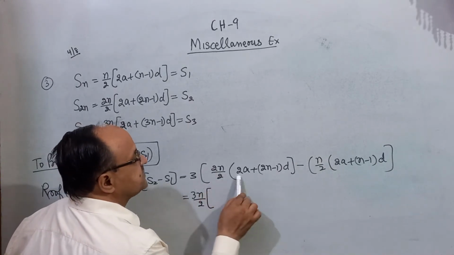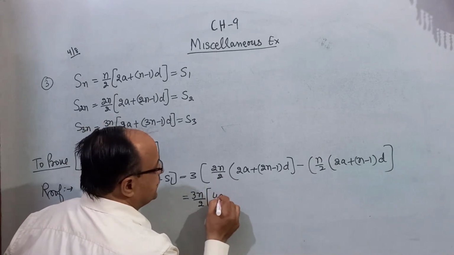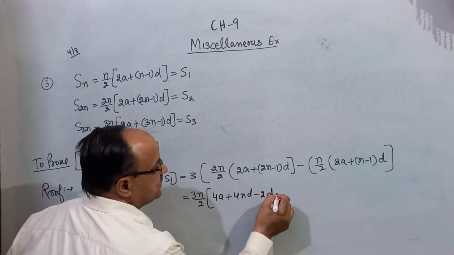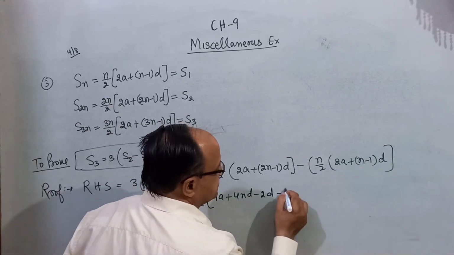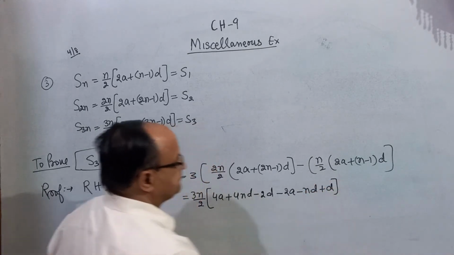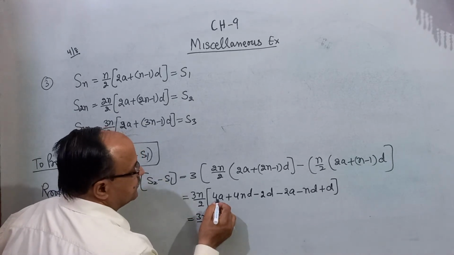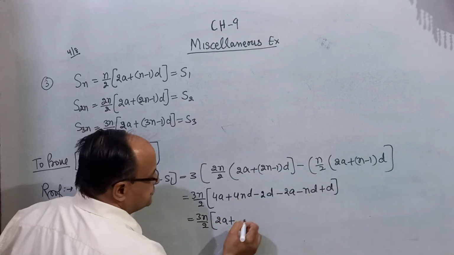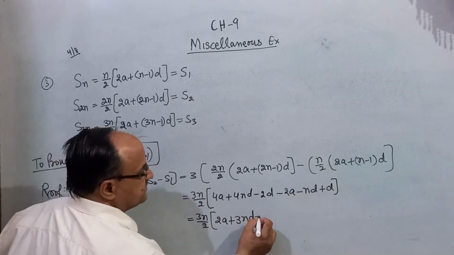Now multiply 2 with this small bracket: that is 4a plus 2(2n-1)d, minus, when you take n by 2 common, the remaining term is 2a plus (n-1)d. That is 3n by 2, 4a minus 2a is 2a, 4nd minus nd is 3nd, and minus 2d plus d, that is minus d.